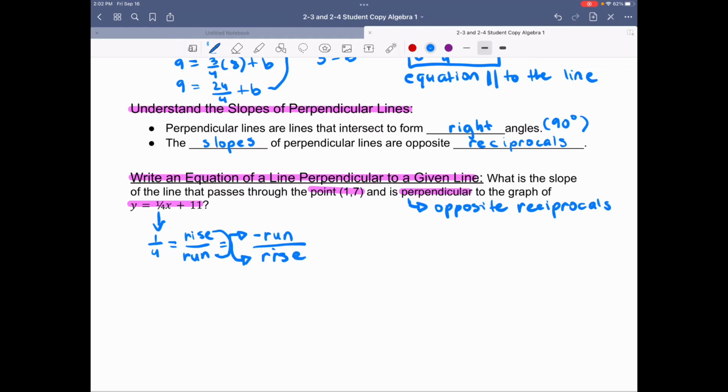So you'll switch and negate the top. And if we plug the numbers back in, we'll say minus 4, because that was our run, and we'll put a minus in front of it. And our rise was 1, and that'll end up in the bottom. And we'll simplify that, and that'll end up as a whole number, which is minus 4. So this is our new slope.